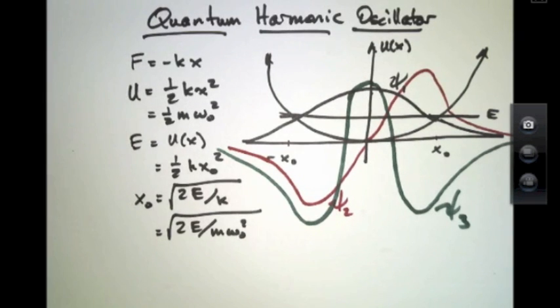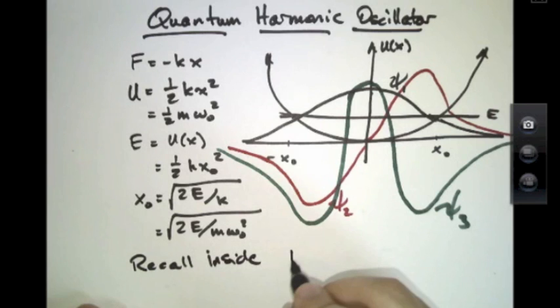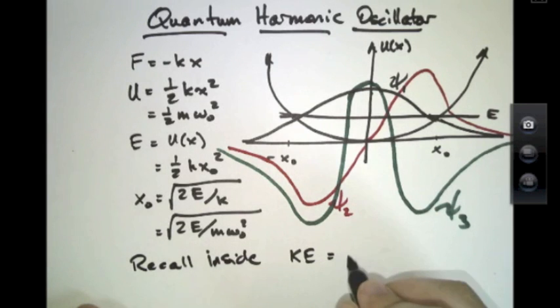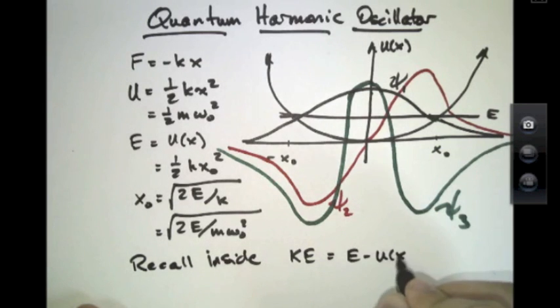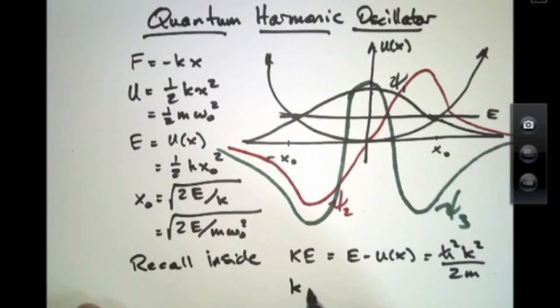Remember that inside, the kinetic energy, which is always the energy minus the potential, equals h bar squared k squared over 2m. Here k is 2 pi over lambda.